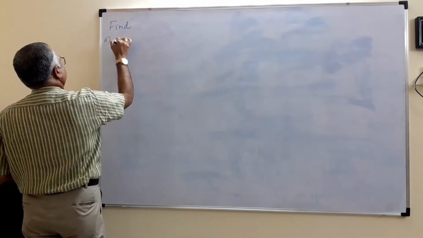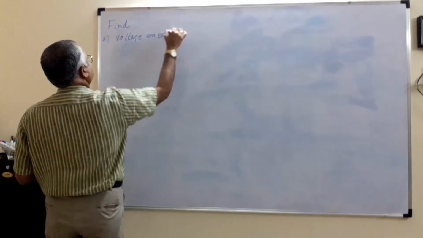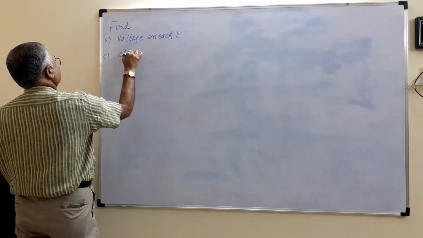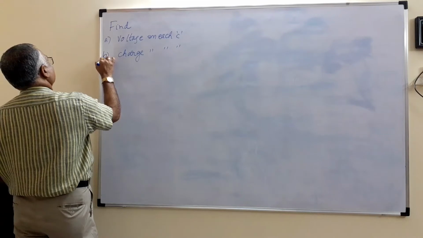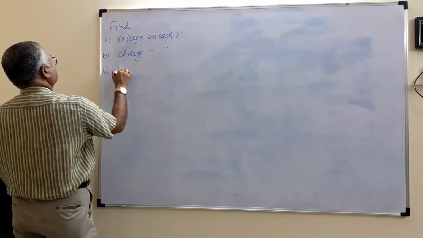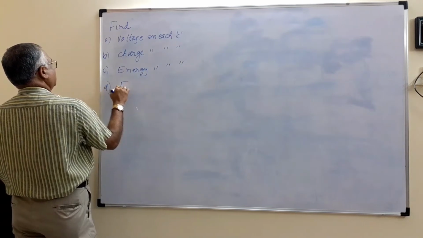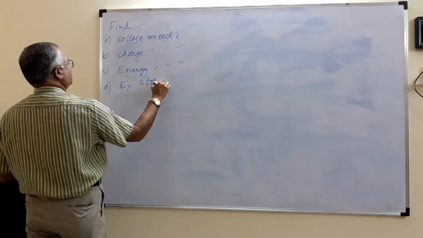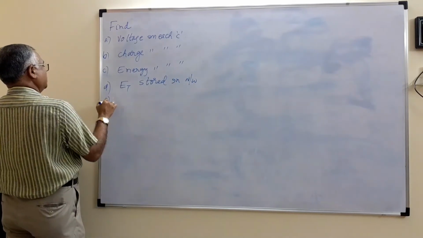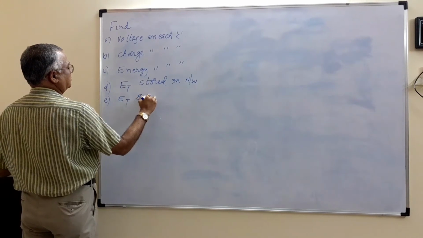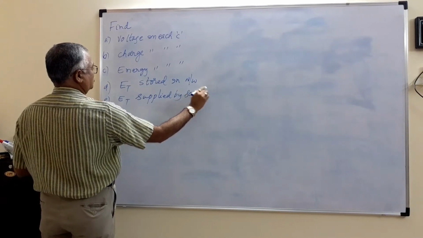Find voltage in each capacitor, then charge in each capacitor, then energy in each capacitor, total energy stored in the network, then total energy supplied by the source.